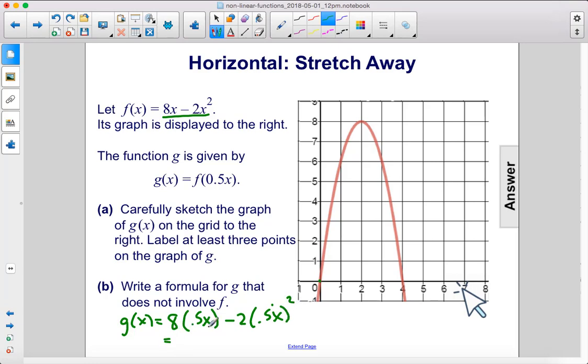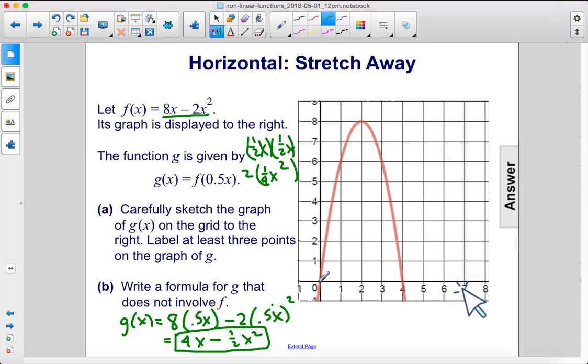So that equals 4x minus, alright, so if we have 1/2 x times 1/2 x, that gives us 1/4 x squared. But then we're going to take this 1/4 x squared and multiply it by 2. So that will give us 1/2 x squared. So now we can use this new equation here to plot our points.